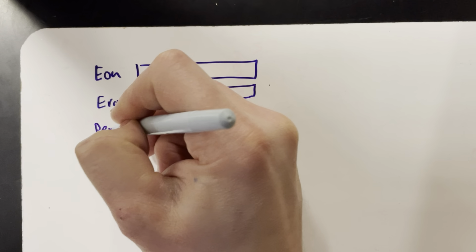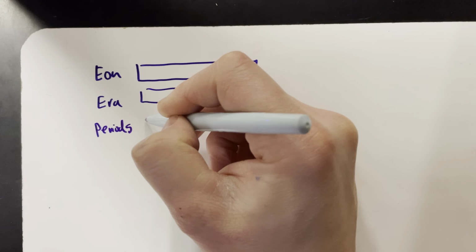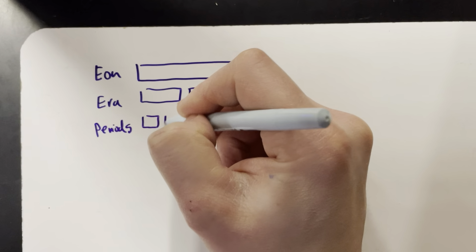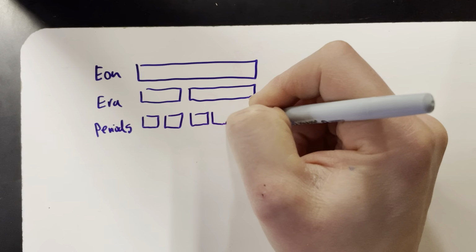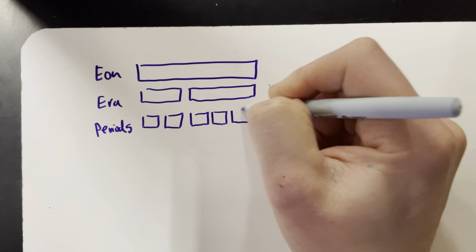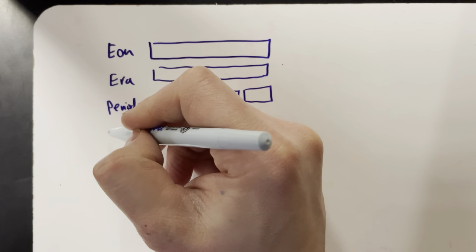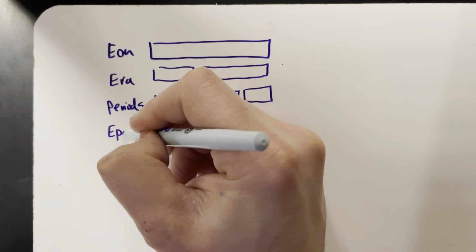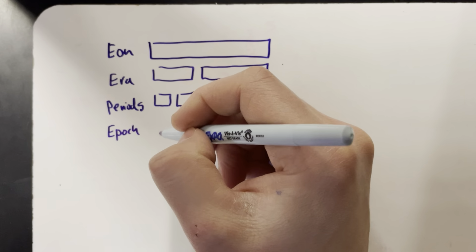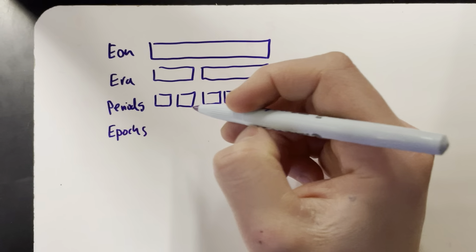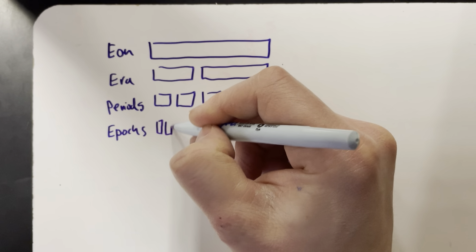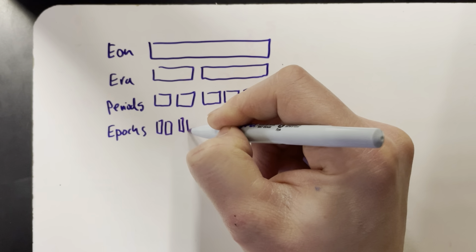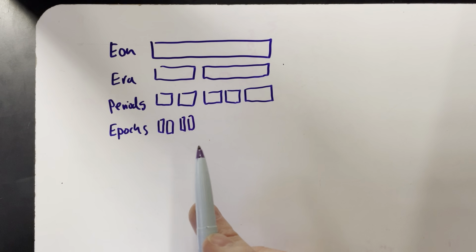Periods are shorter than that even. And then finally, epochs are super short periods of time, just like 1 or 2 million years, if that.